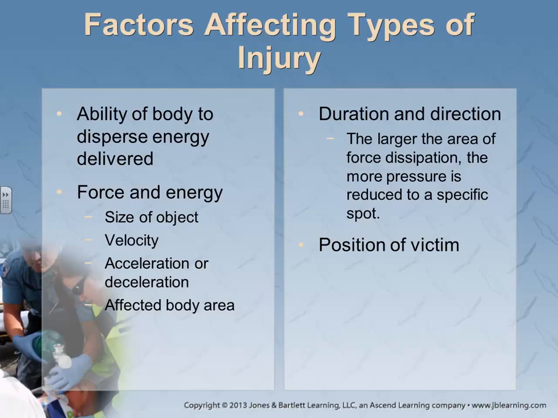What does that mean? Pretty much the bigger the mass that hits you, the larger the body area. The smaller the mass, the more of a specific area that's going to cause injury. If I got hit by a wrecking ball that's huge, it's going to cause injury all over me. But if you throw a medicine ball at me as hard as you can, it's just going to cause injury in a specific spot.